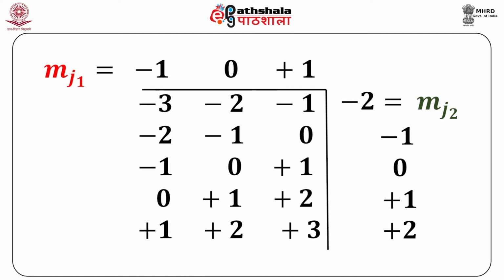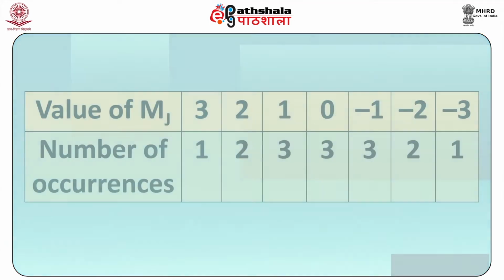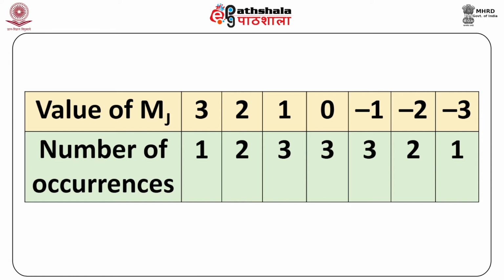Likewise, for mj1 as +1, there are 5 values for mj2 and the combination gives the following results: -1, 0, +1, +2 and +3. Now, if we look at the values of Mj, we find that the values obtained are 3, 2, 1, 0, -1, -2 and -3.